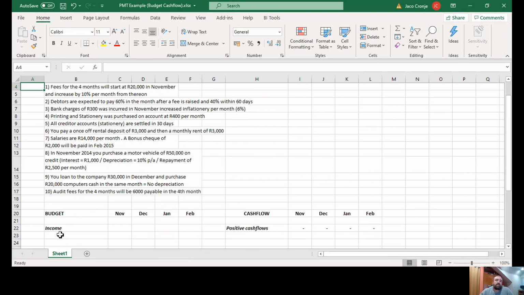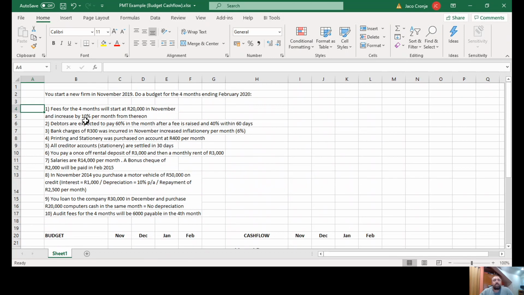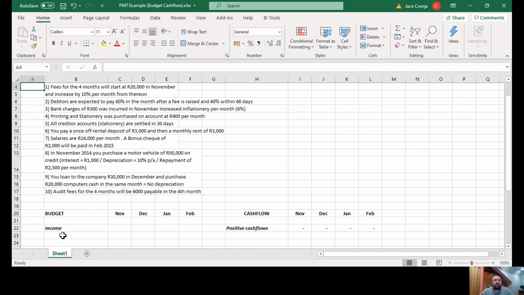Does it affect my budget? If I tell you fees that we've generated, will that affect my equity value? Will my value increase because I generate fees? And the answer is yes. In our income statement that we did in the previous lecture, we showed professional fees as our income. So let's go and put that one in there immediately.